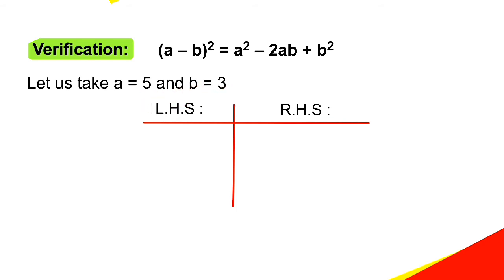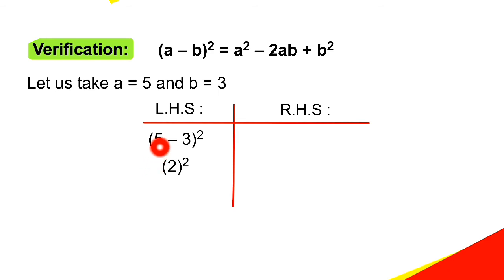I am going to substitute in the LHS. What is the LHS? We have A minus B whole square. Which means, right, 5 minus 3 whole square. So 5 is a positive term and 3 is a negative term. So 5 minus 3, what can we get? Right, that is plus 2.